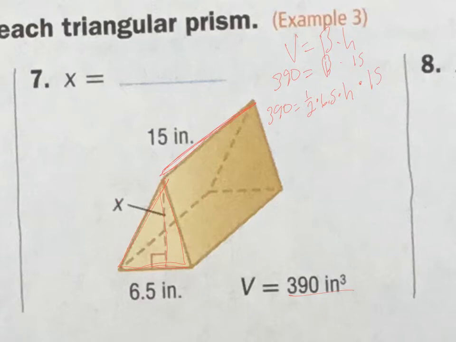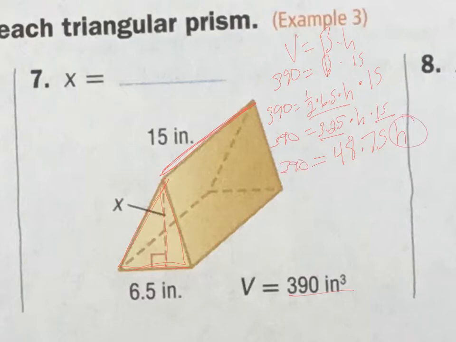Okay. Let's do 1/2 times 6.5 equals 3.25 times H times 15. That all equals 390. Now let's times these two things together. 3.25 times 15 equals 48.75 times H equals 390.